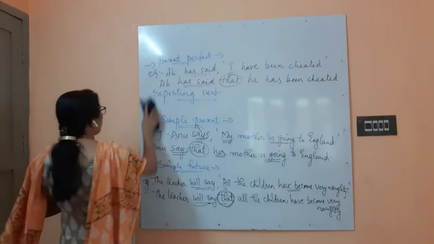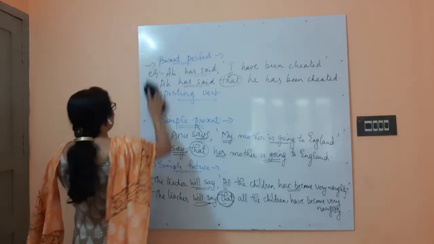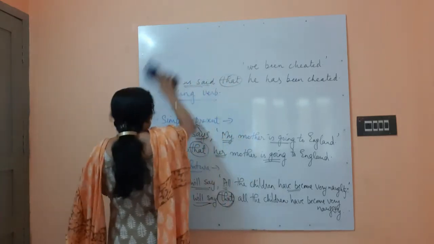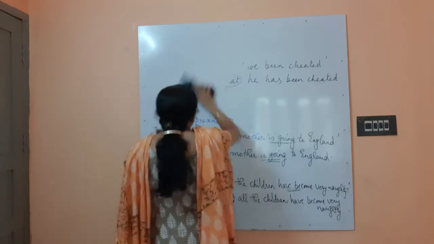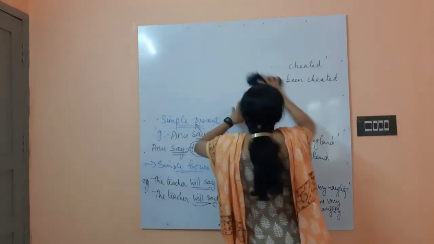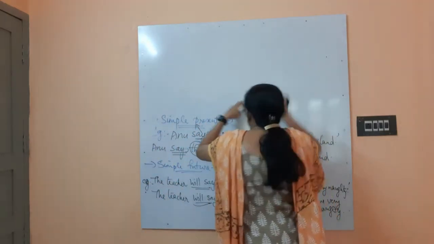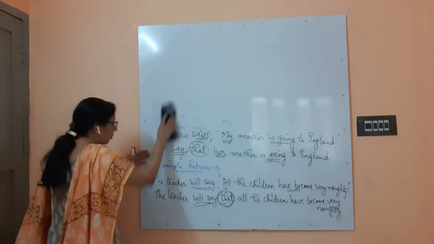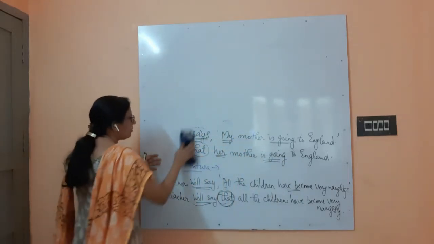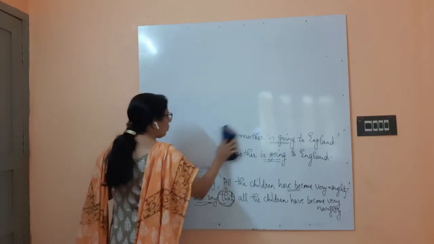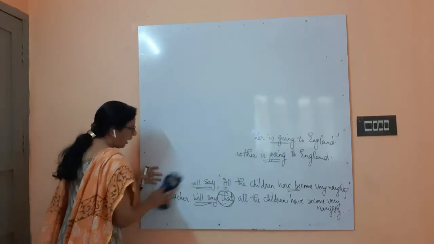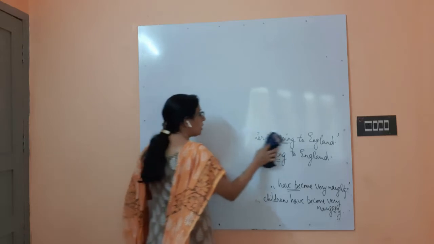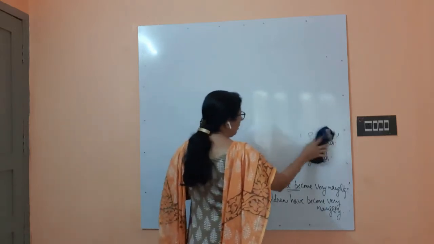Okay, so this rule is clear to you. Next, one more rule is there, and after that, examples of each kind of sentence will be given. Okay, so we have seen that if the reporting verb is simple present, simple future or present perfect, there won't be any change. And we know that if the reporting verb is past, all these changes will happen.